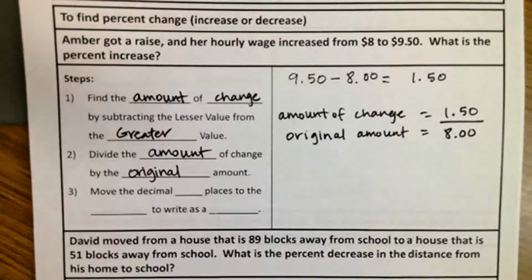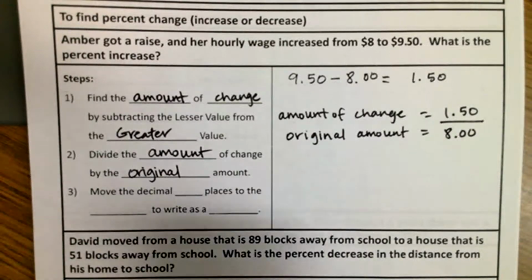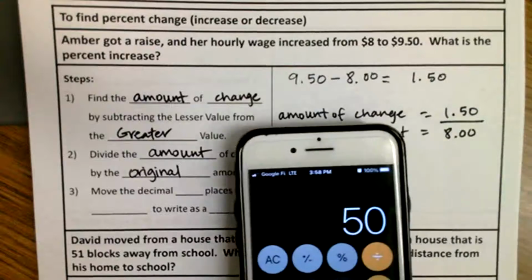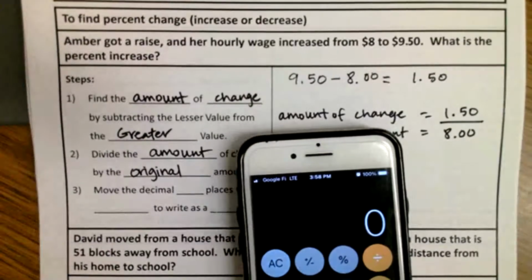Now remember, in this module, module 5, you can use your calculator. Okay, so get out your calculator on your computer and do the math. I'll get out my calculator, okay? I'm going to do $1.50 divided by $8.